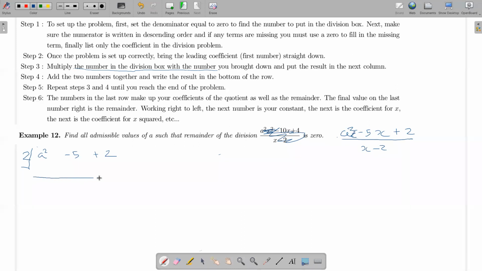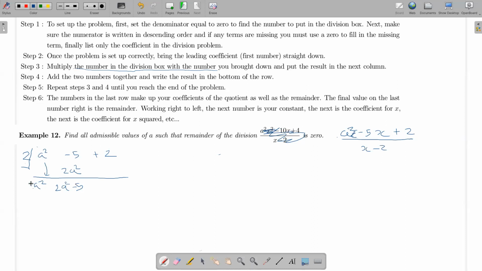So I will follow the same process. I'll bring down a squared, multiply it by 2, I get 2a squared. Add negative 5, I get 2a squared minus 5. Here I am adding, no?